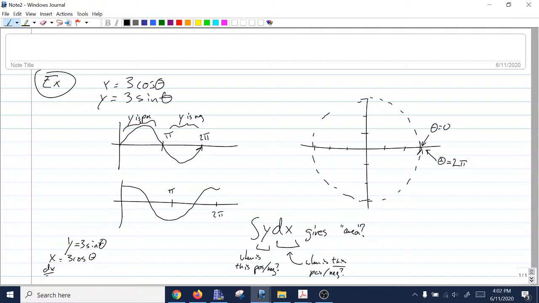So dx dt, or dx, is negative 3 sine theta dt. Hey, dx happens to behave the exact opposite. dx is negative here, from 0 to pi. dx is positive between pi and 2 pi. So no matter what, the integral of y dx is always giving me something negative the entire time.